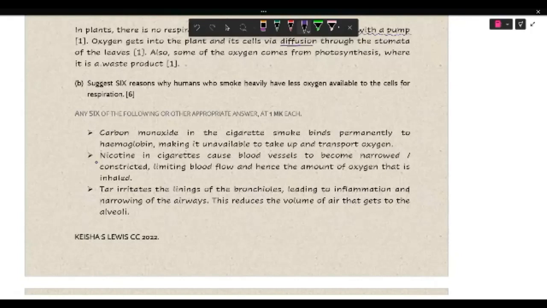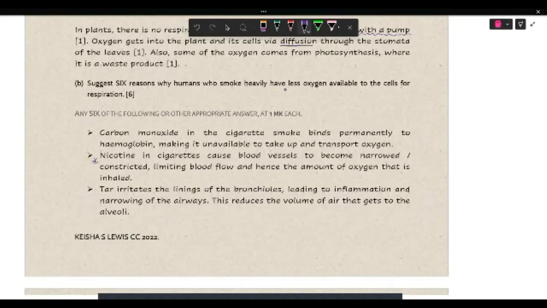The one that people probably might not make the connection is nicotine. Now, why? Because let's look at the question again. They have less oxygen available to the cells for respiration. So this not only involves the lungs, it also involves the transport system that's going to get the oxygen to your cells.